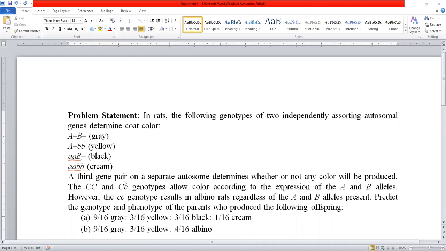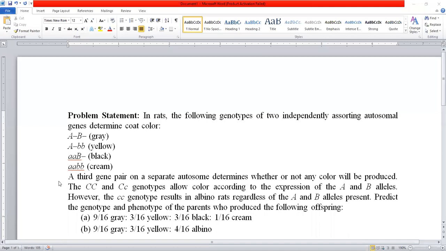A third gene pair on a separate autosome determines whether or not any color will be produced. So this is another gene that determines whether a color will be produced or not.